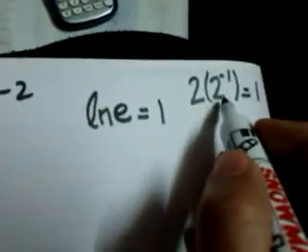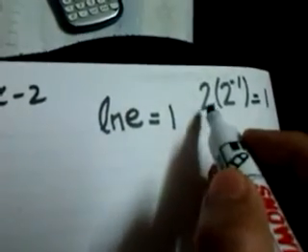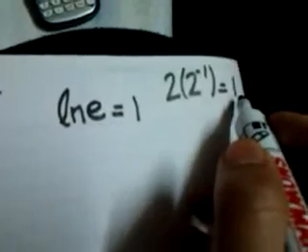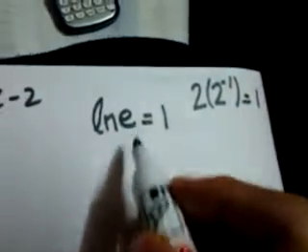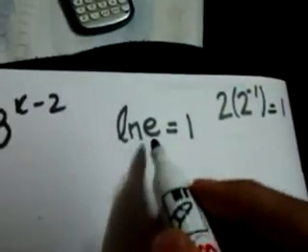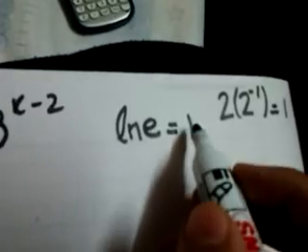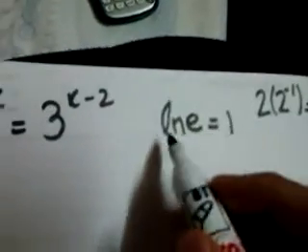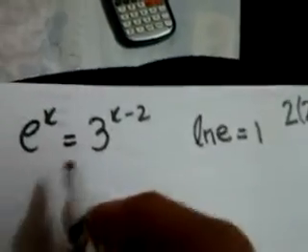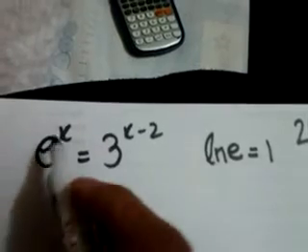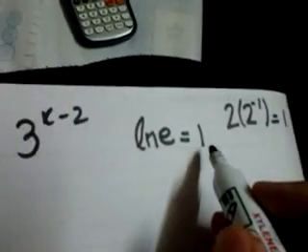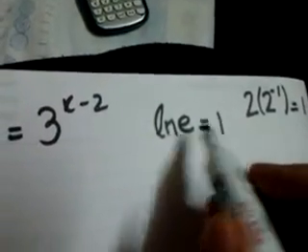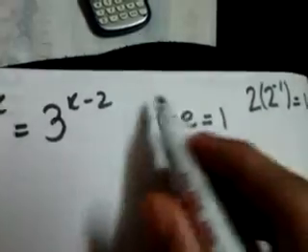A function and its inverse multiplied cancel each other out, resulting in 1. And since ln and e are inverse of each other, ln e is going to give you 1. Now you have to use this property here. That's why in any question, if there is e, it's most likely that we have to use ln so that we can use this property.